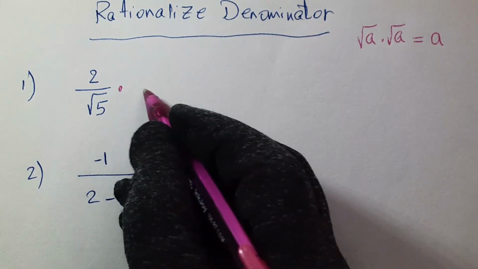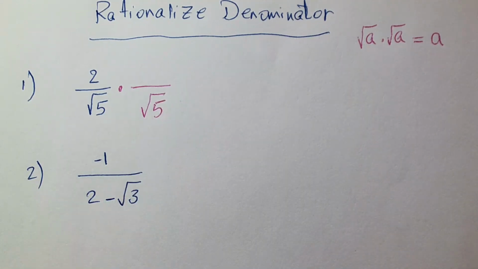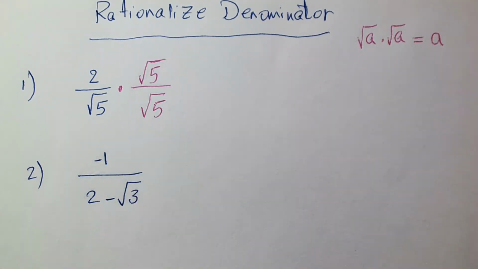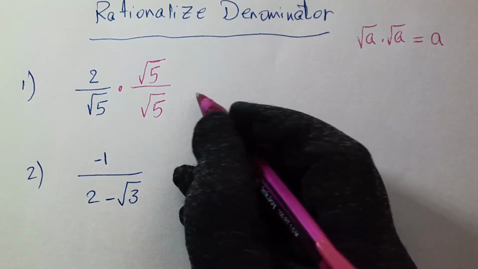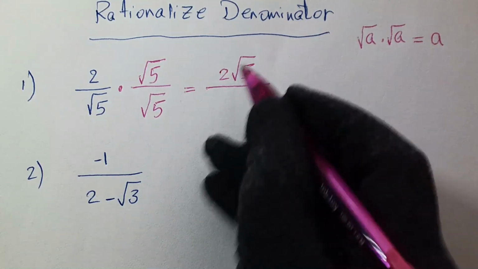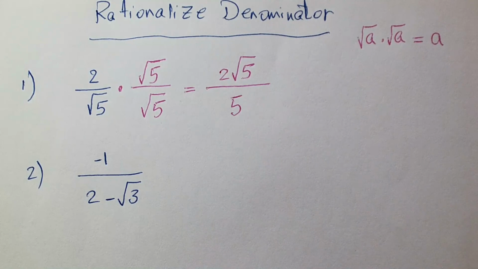So I will multiply the denominator by square root of 5. But please remember, in fractions, if you multiply the denominator by any non-zero number or term, you must multiply the top of the fraction by the same number or term. So the answer is going to be 2 square root of 5 over 5. You see, we rationalized the denominator, meaning there is no more radical in the denominator.